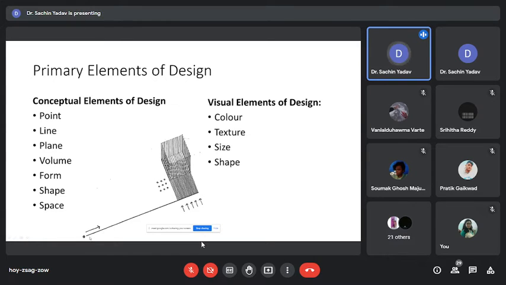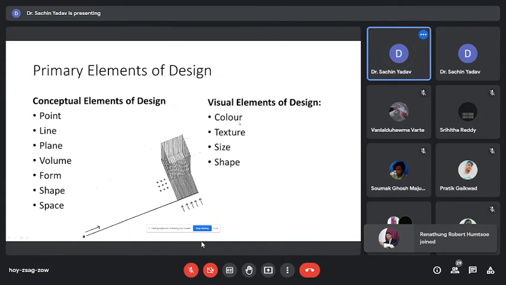There is one starting point and one ending point. After joining, you will get the line, like a series of lines. You can get the plane, right? If you compose your lines in such a way, you can get the volume, right? These are the visual elements of design, right?